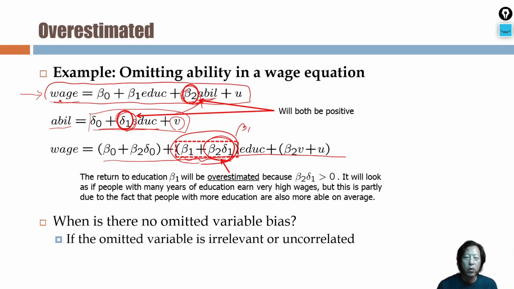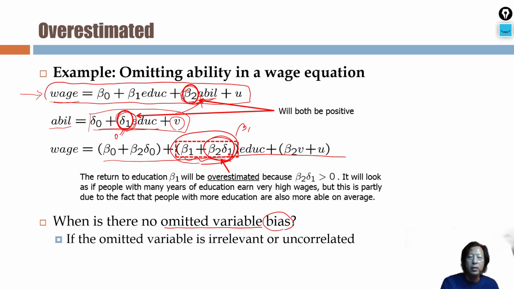So this is the bias because we omit the variable. There's no bias when we take it out if the variable we omit was irrelevant or totally uncorrelated with the others. Uncorrelated means this will be 0, right?